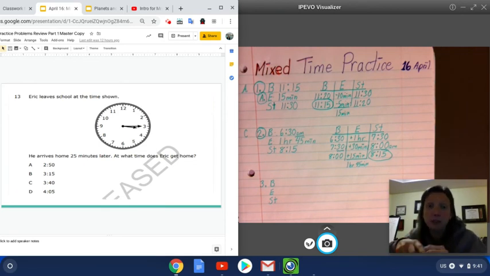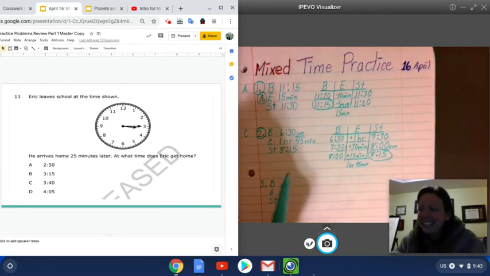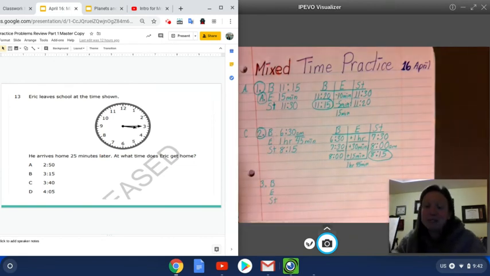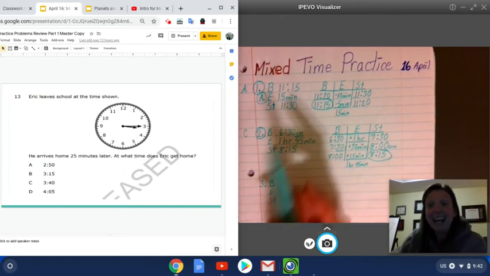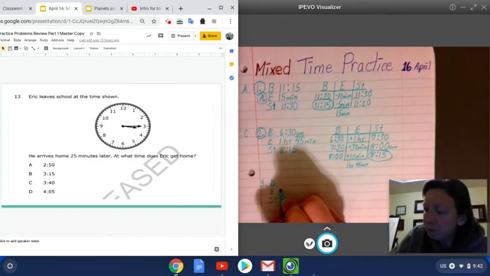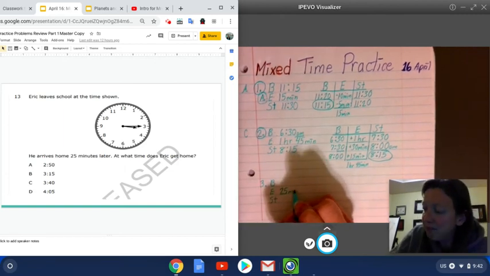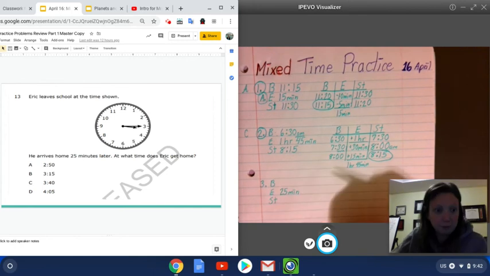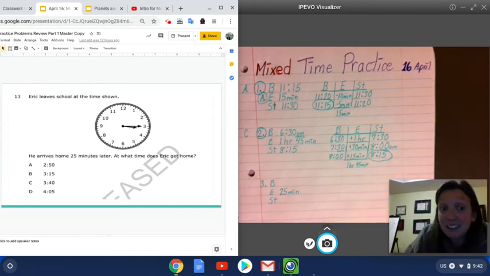So even though it says he's leaving school at the time shown, that's actually my beginning time, because from the time that he leaves school, he begins walking home, and then he ends at home, and that's what time I want to know. How long does it take him? 25 minutes to walk home. Now, let's look at the clock, because that's what time he left school.